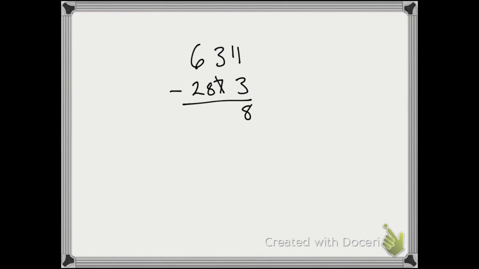Here I'm going to treat the column that I'm in as ones when the reality is they're really tens. So I'm going to try to take 8 from 3, which I can't do, so I need to add 10 to both numbers. The reality here is that I'm adding 100 to both numbers. So I'm giving the top number, 631, 10 tens to make the 3 tens 13 tens.